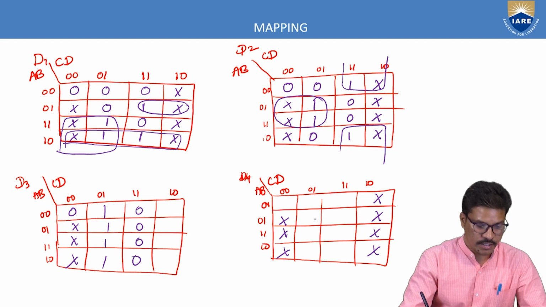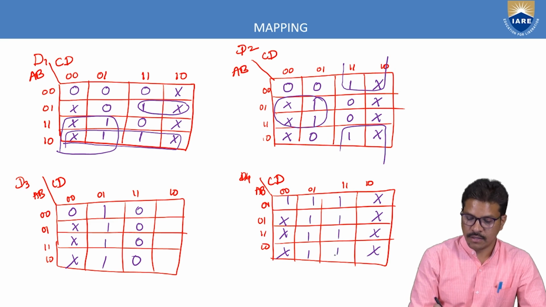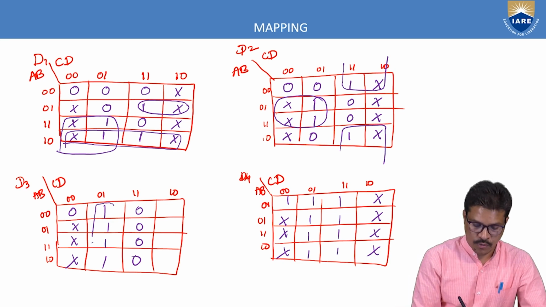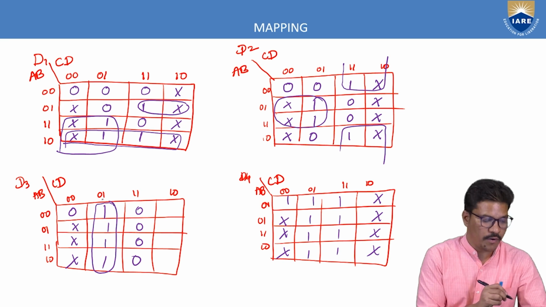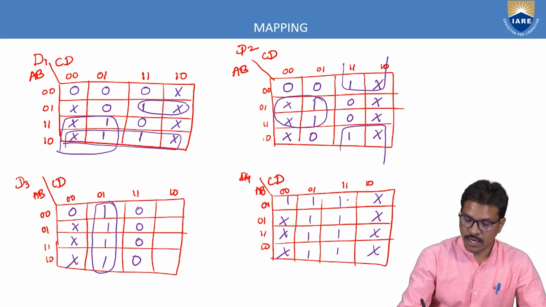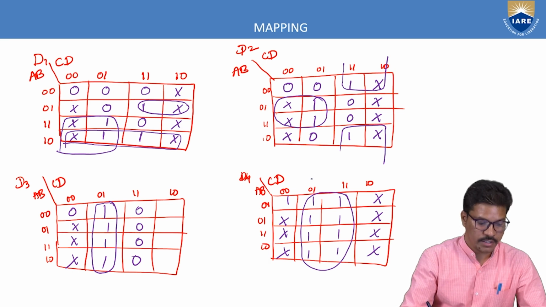In this case, these are ones. Okay, so here to cover all ones, we take this vertical quad only. To cover all ones, this is one quad and this is another quad.